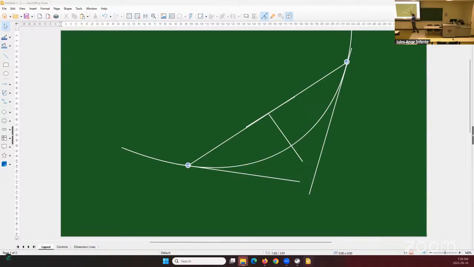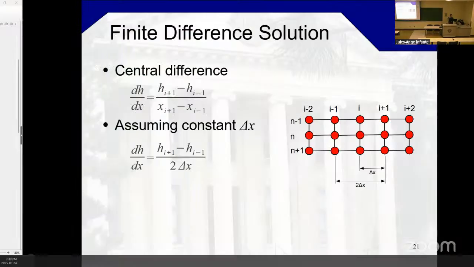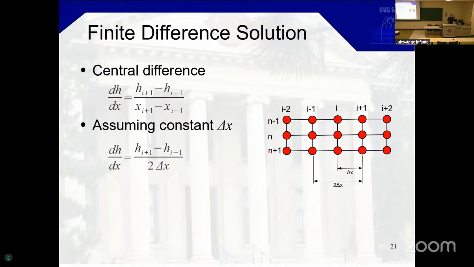So the difference between two points is more compatible with the slope exactly in the middle. Okay. However, we're going to solve it making that assumption, and it should reveal some problem later on, okay?